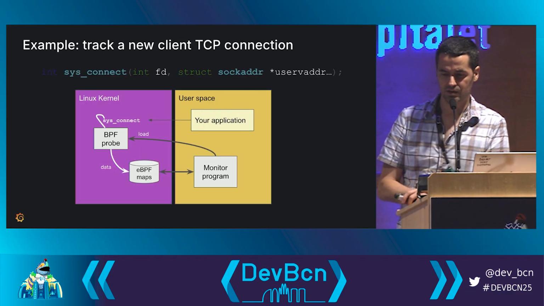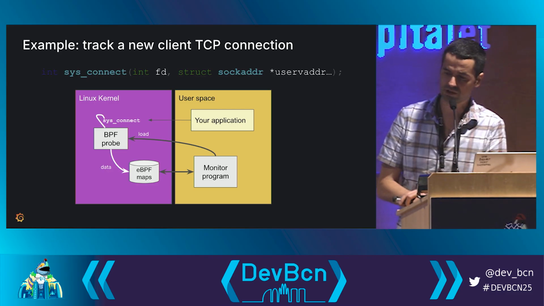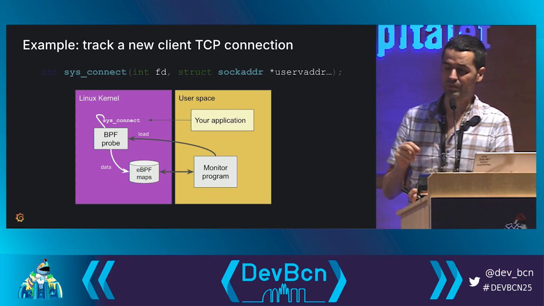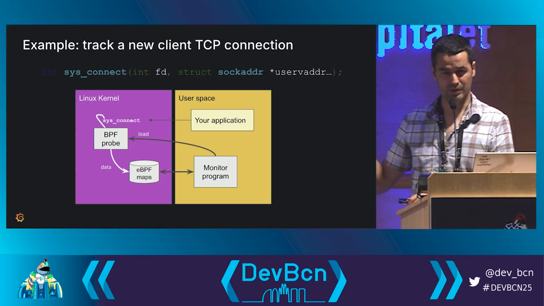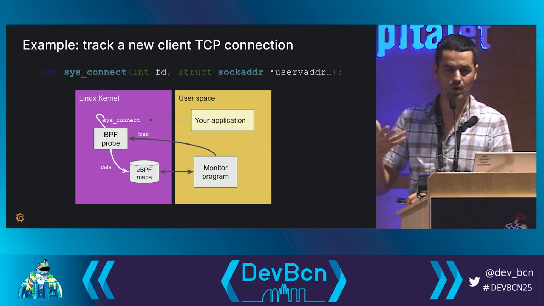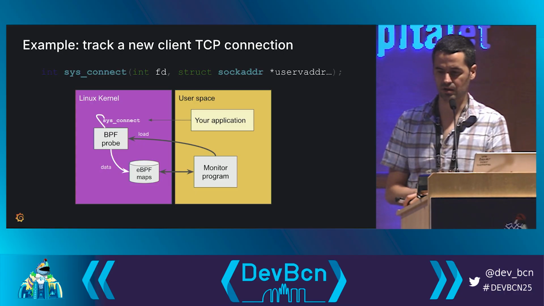Then your two programs will be deployed at two levels. First, your monitor program, in this case Grafana Beyla, runs in user space as if it was any other regular program, with some special privileges to do some system calls.